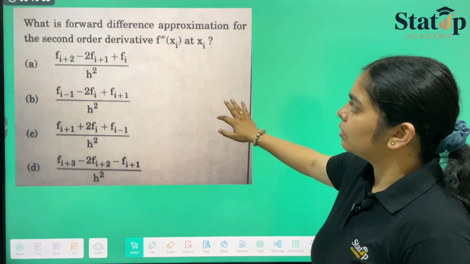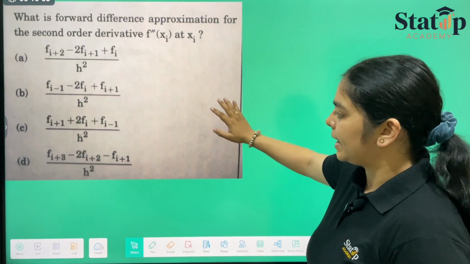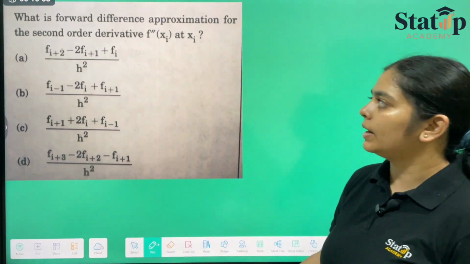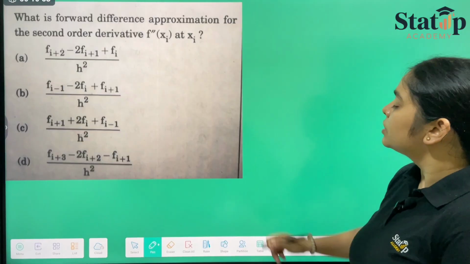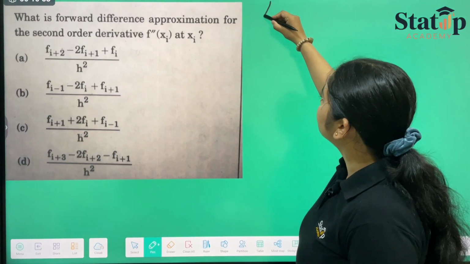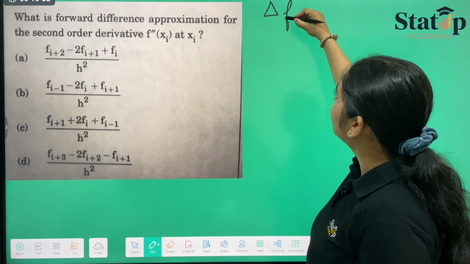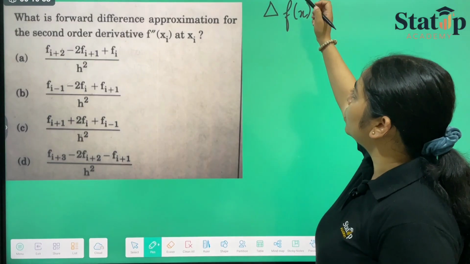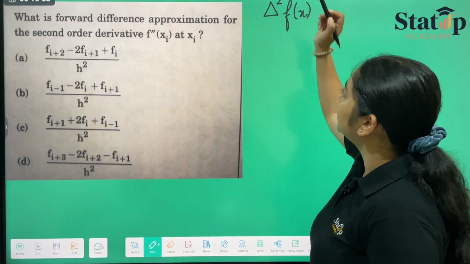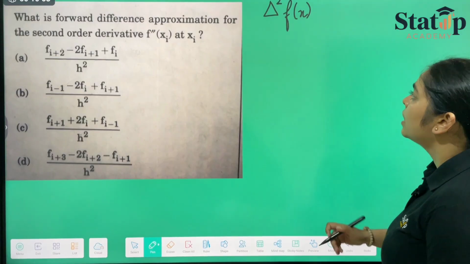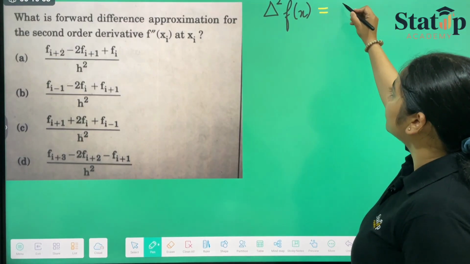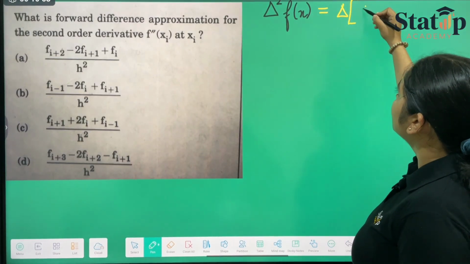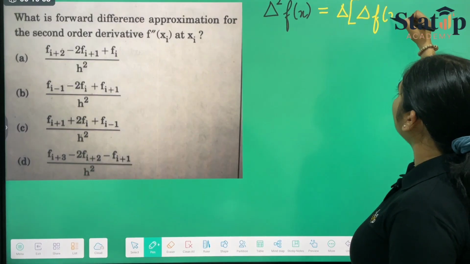I want you to know the direct result, but before that, where did this result come from? So if we are talking about the first order forward difference, this would be delta of fx. And if I told you to calculate the second order, then this will be delta square fx. When we are calculating delta square fx, I can write it as delta into delta fx, right?